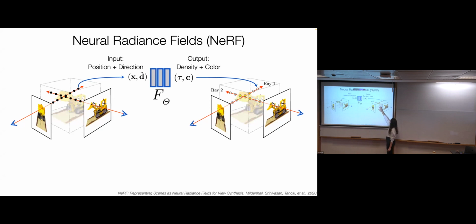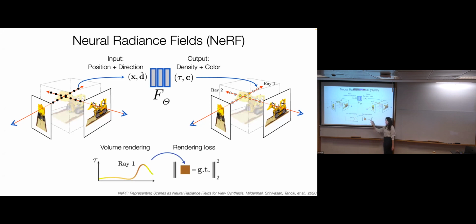This is your intermediate output. You get a camera, you shoot a ray, you don't use the image yet, you just have these points along the ray. Then you sum them up, weighted by the density. If there is a lot of density at earlier 3D points, a later point will not contribute to this integral.